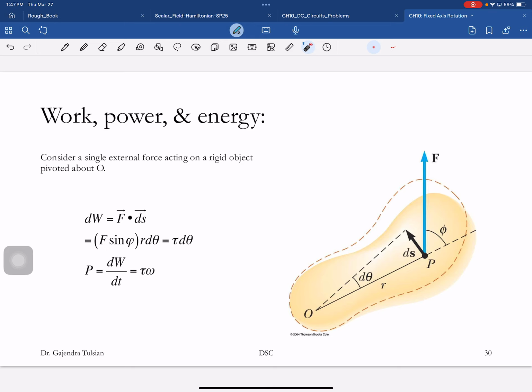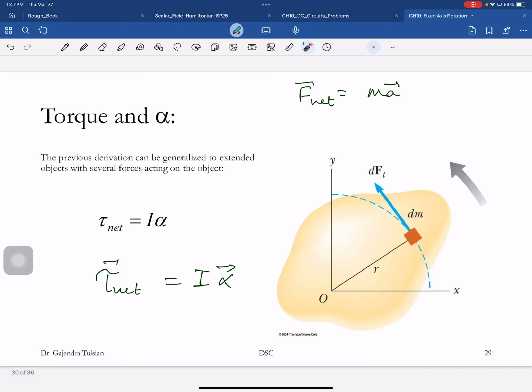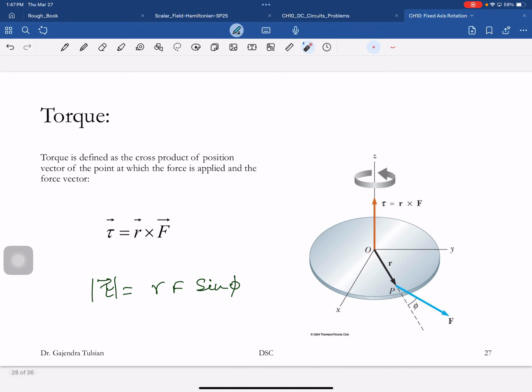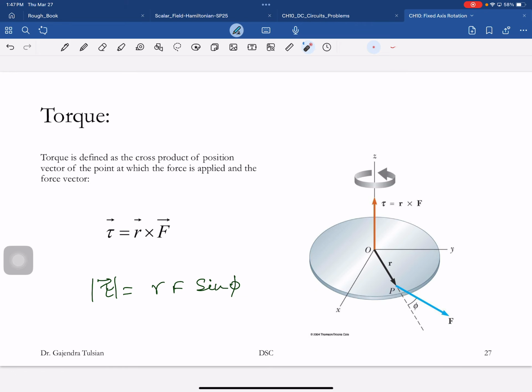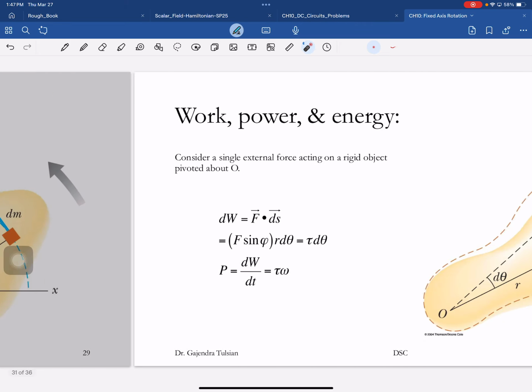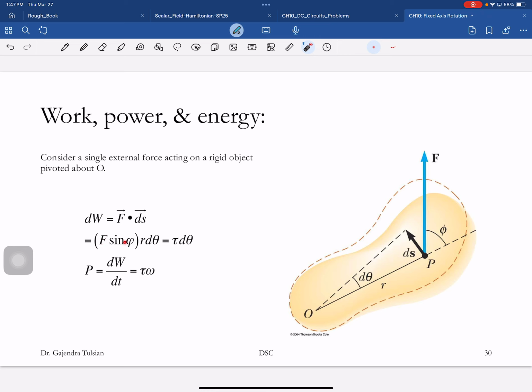But if you look at the formula for the magnitude of the torque, with r, phi, and F, F sine phi r is the torque. So there's the torque times d theta. And power is the rate at which you're doing work, dW by dt, which is tau d theta by dt, which is omega.